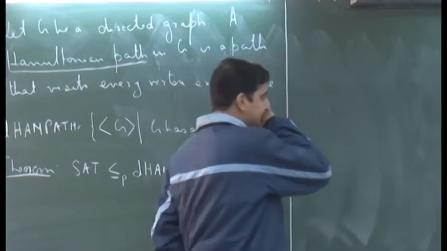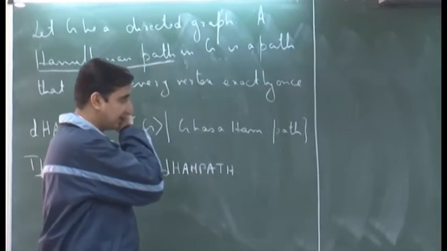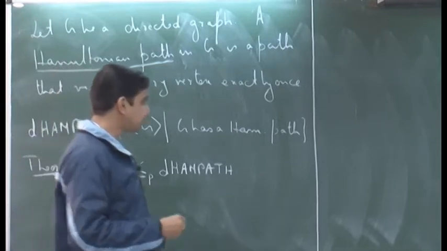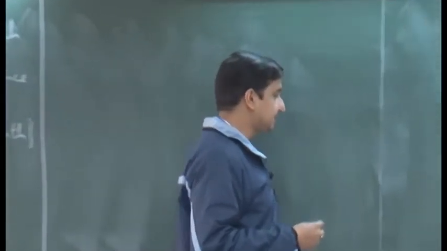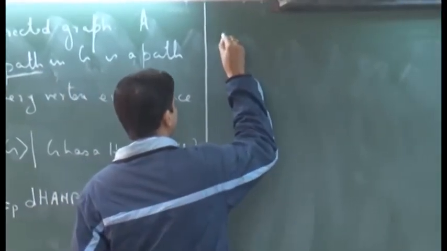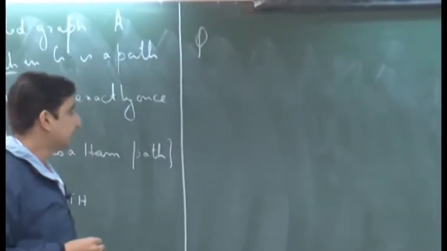So, I will give a sketch of the proof, and I will skip some of the details that you can fill out later on. So, the idea of the construction is as follows. Suppose you are given a formula phi. We will construct a graph as follows.